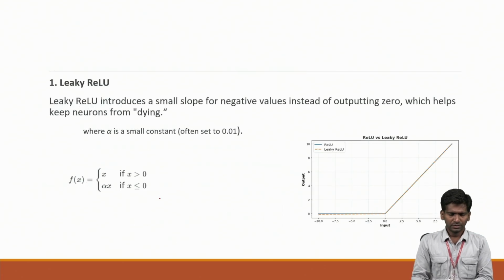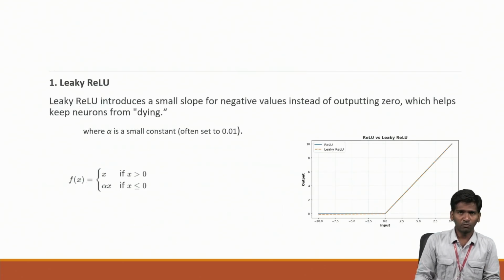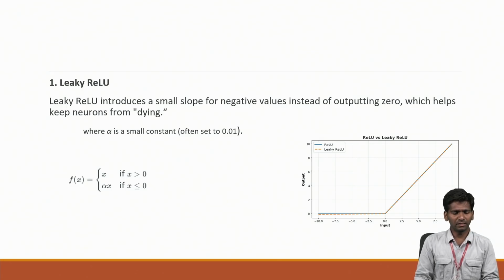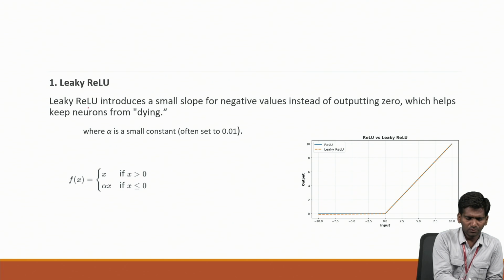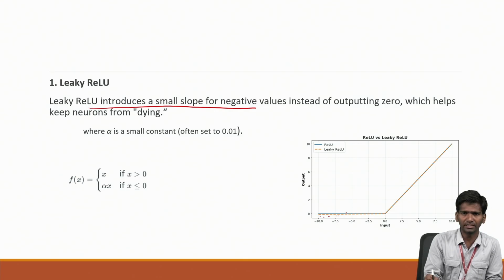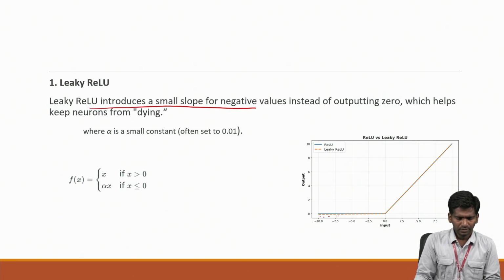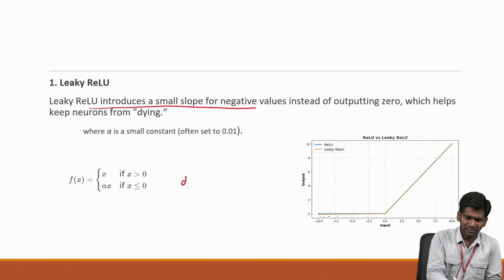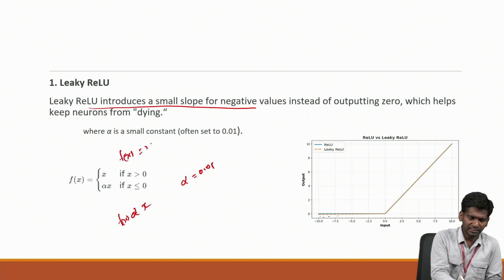This is ReLU. What if I modify it and consider how the leaky ReLU looks? The leaky ReLU introduces a small slope. You can see the slight slope like this, with dotted lines. What is this? This is alpha, and the alpha value is 0.01. So f(x) is directly proportional to x. In ReLU, f(x) = x, but in the case of leaky ReLU, we have a constant.